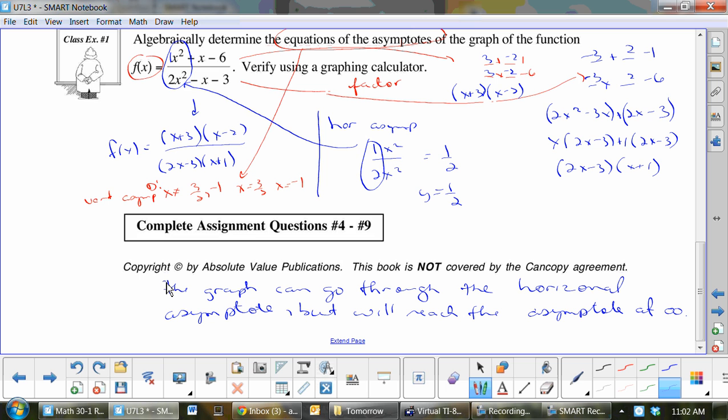So, vertical asymptotes, the graph will never go through it. Horizontal, it can. And that's very key to know.